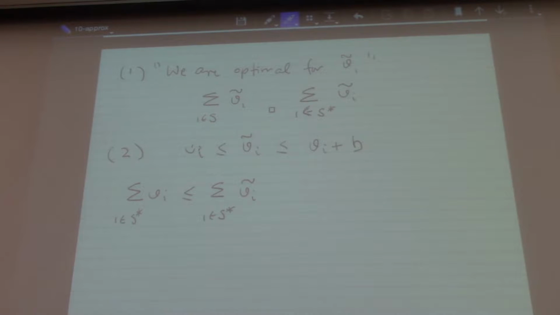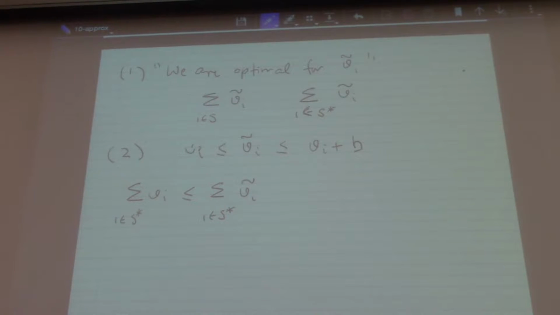It's because, wait, let's see. So that's the set of the V tilde, and that's the set for the V, the optimal for the V. So we're trying to maximize V. And so we know that when we solve the problem for the V tilde, we're better than the V. But in this case, better means greater.